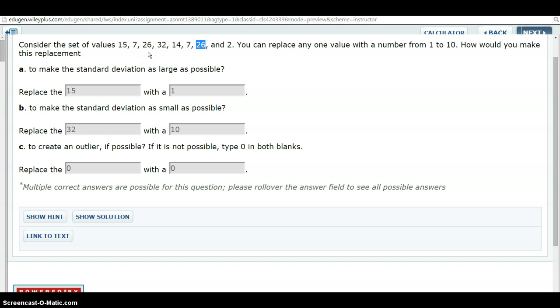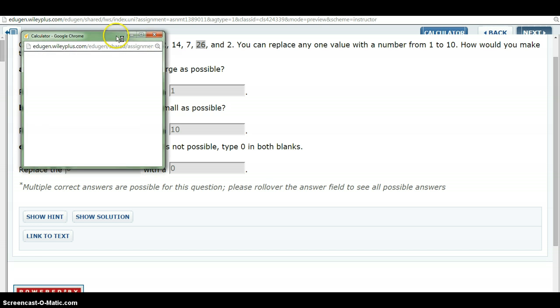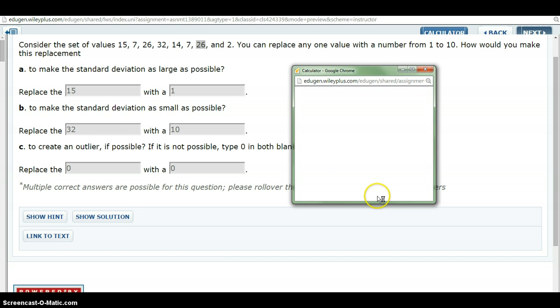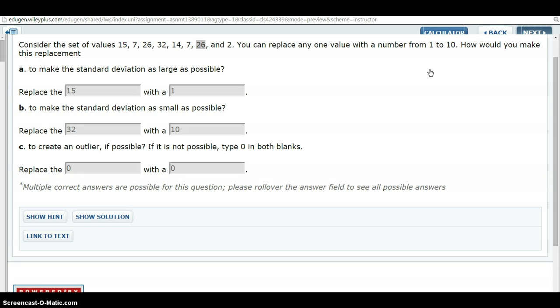So we know that this interquartile range, which is the distance between Q3 and Q1, is 26 minus 7, or 19. Now what we need to do is take this 19 times 1.5. I know that 19 is about 20, so 1.5 times that is going to put me at about 30.